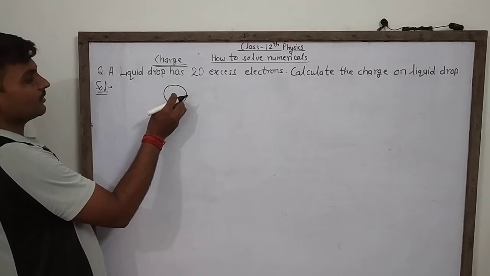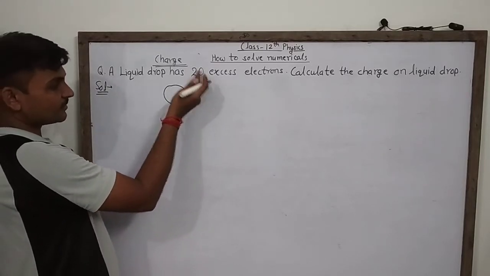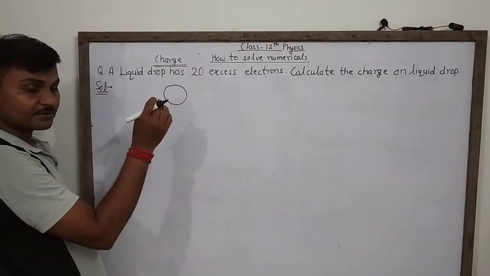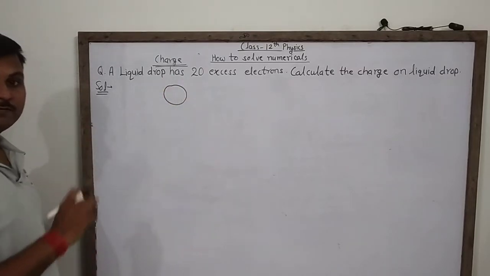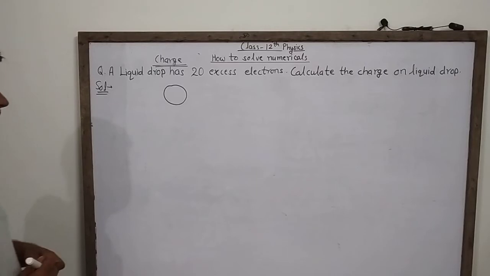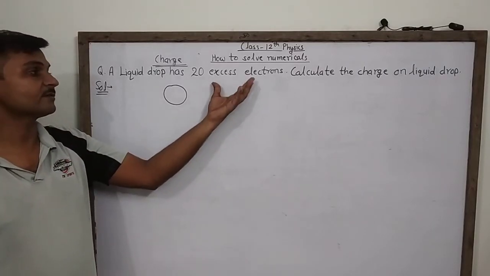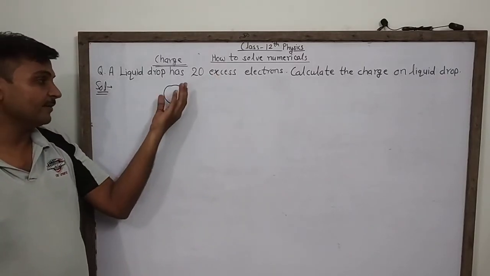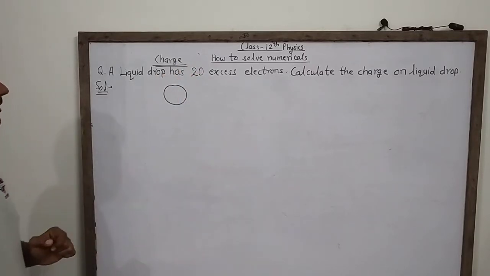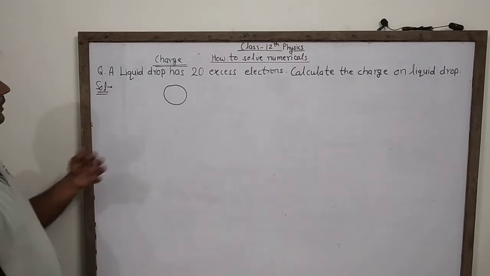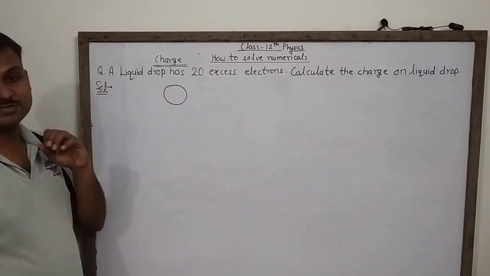If it is a drop and it has an excess of 20 electrons, excess of electrons means it has negative charge. You know that if any body has negative charge, then it has excess of electrons, or we can say if any body has excess of electrons, then it has negative charge. So you know that this drop has negative charge.